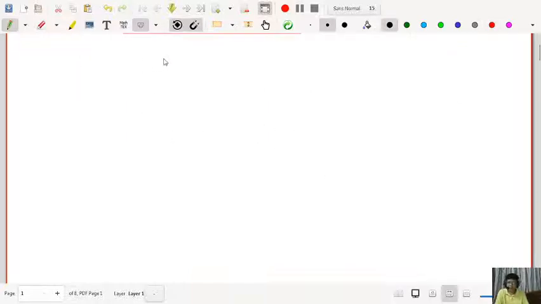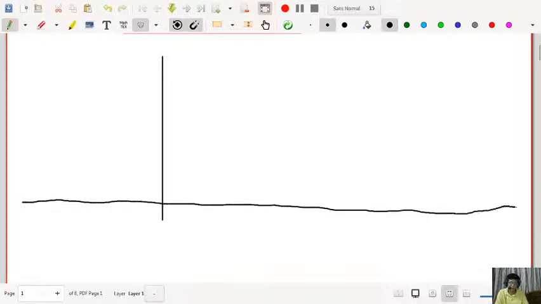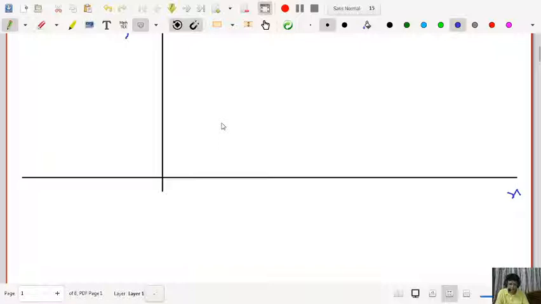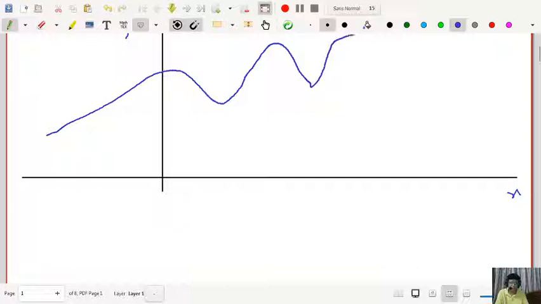Let me first explain with a diagram the concept of maxima minima and the critical points. This is the axis x and y, and suppose you have a graph like this, a function like a mountain. There are a lot of ups and downs.